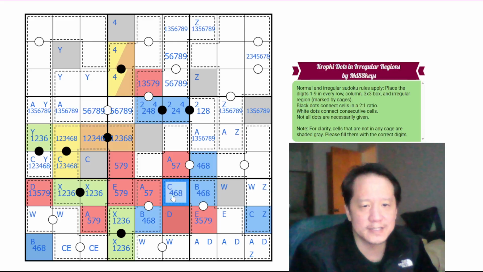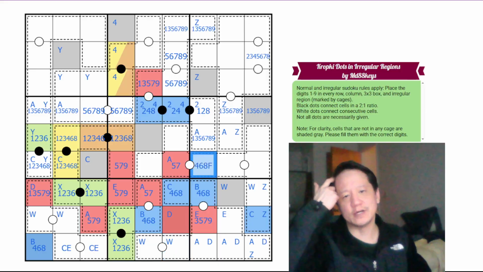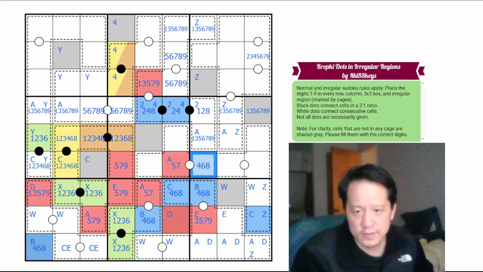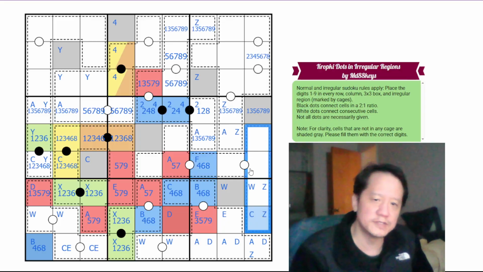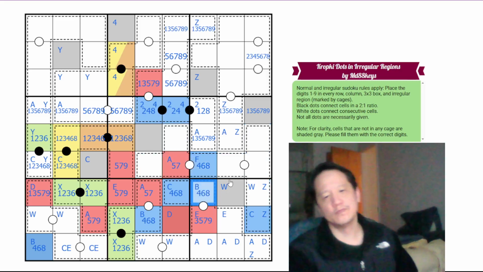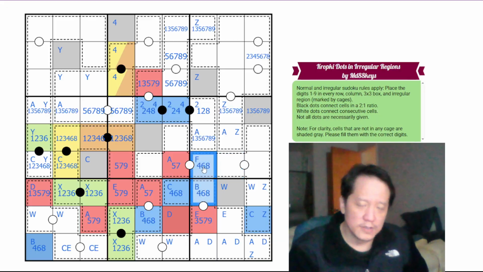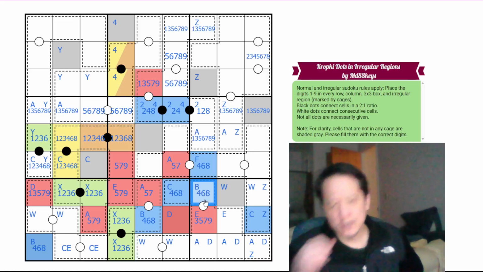So it's not C, it's not B. It's probably one of the W's or X's. We're not sure which. So we're going to mark it as, I don't know, F. Because we already have a C in the region. We don't have a B, but it can't be B because of the B already in the column.